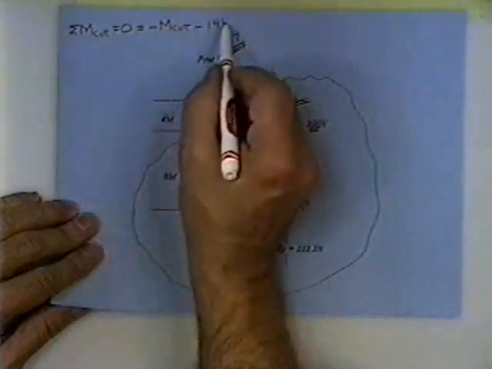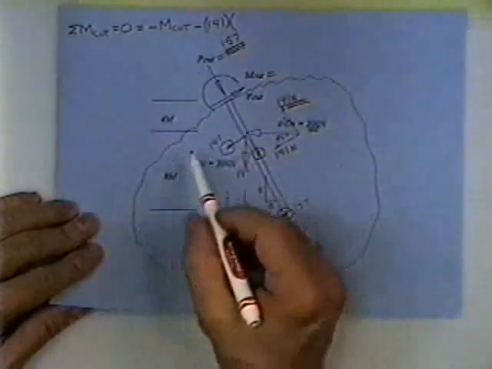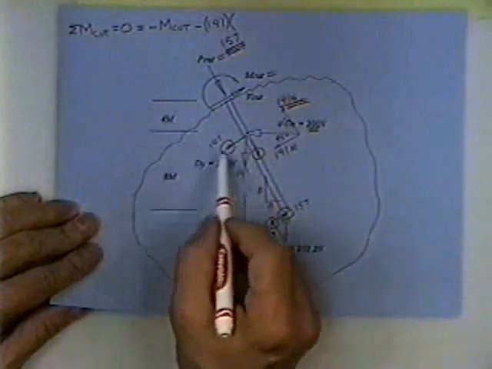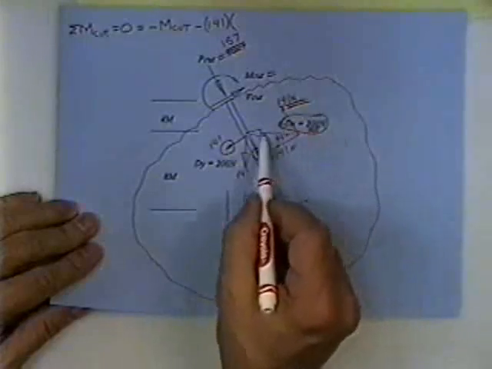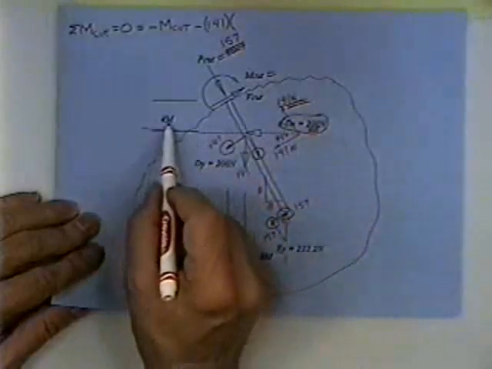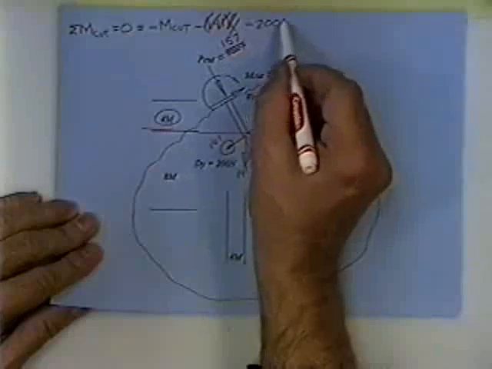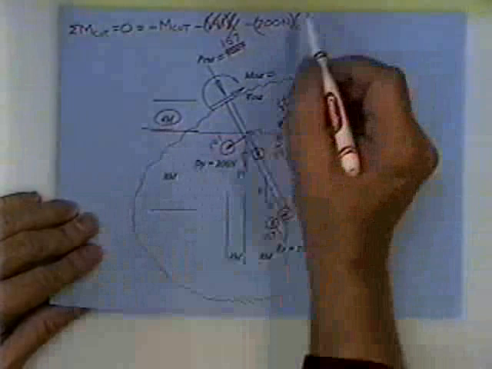Next, I put in the 141 Newton force times his moment arm. Rather than find that moment arm, why don't we just take the original 200 Newton force and multiply it times 4 meters. Give us the same thing. So that would be minus 200 newtons multiplied times his 4 meter moment arm.